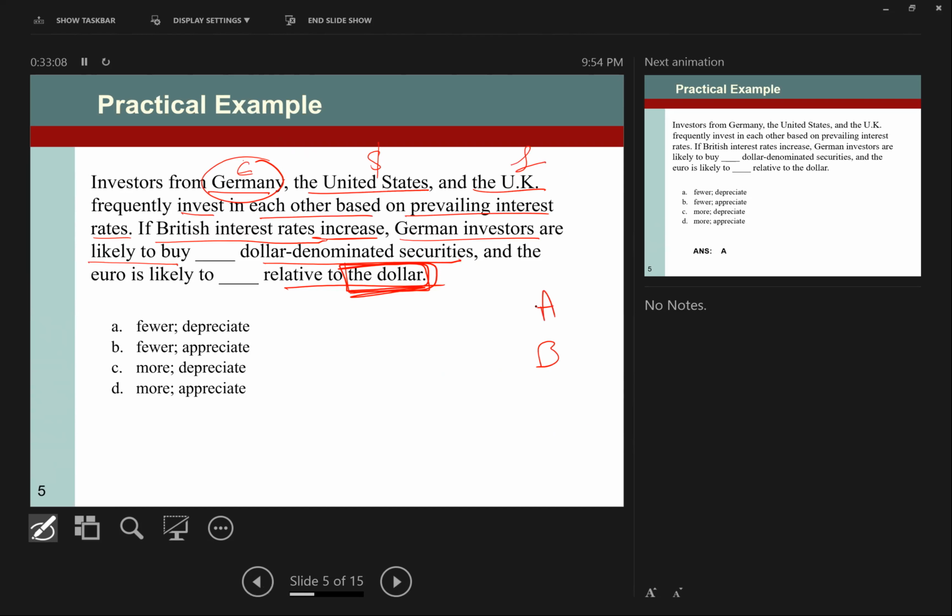You said answer is A, right? Yes. Michael. Yeah, I think also the euro will depreciate against the dollar. Camila. So I also said before C, likely to buy more and depreciate relative to the dollar. Okay, you said C.